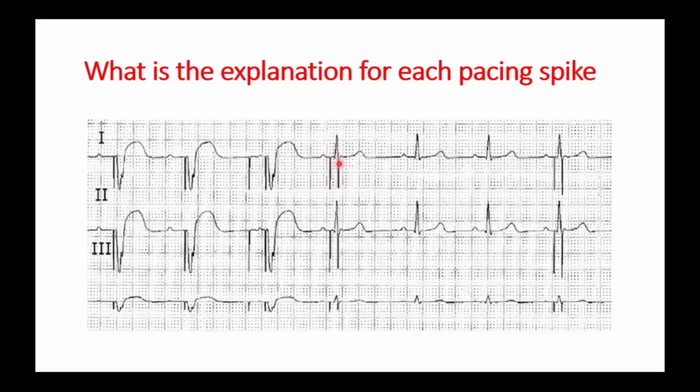But why did the V pacing come early here? You notice that the paced AV interval here is about 200 milliseconds. Why is it coming here very early? A ventricular safety pacing. Excellent.